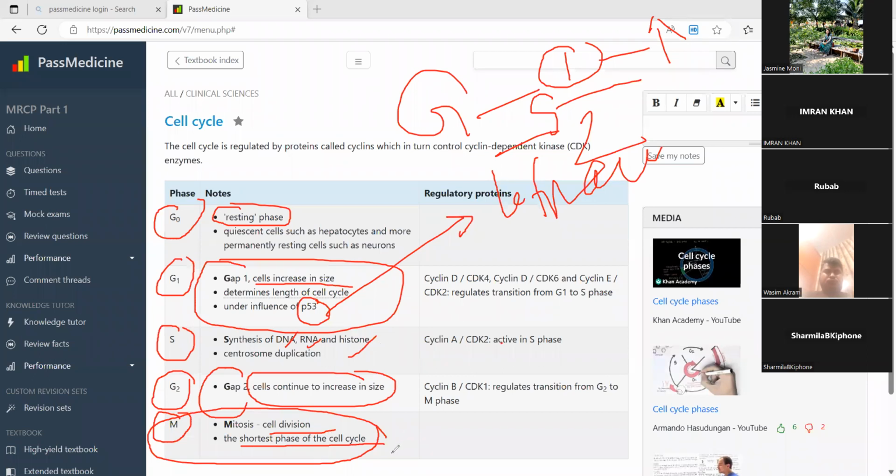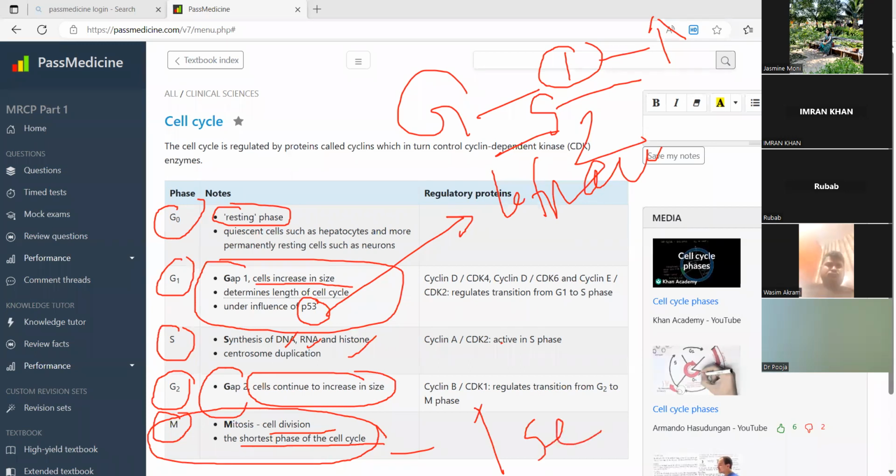If the shortest phase is increasing in our body, that means there is some carcinoma. Because we know about oncogenes, a cancer cell has uncontrolled cell division and multiplication at maximum capacity.